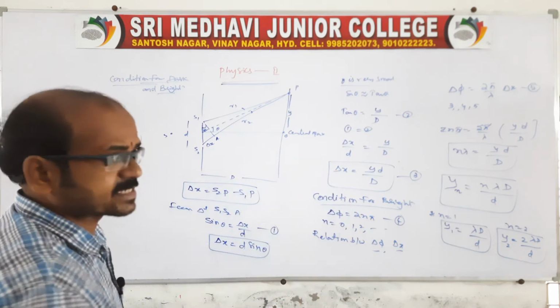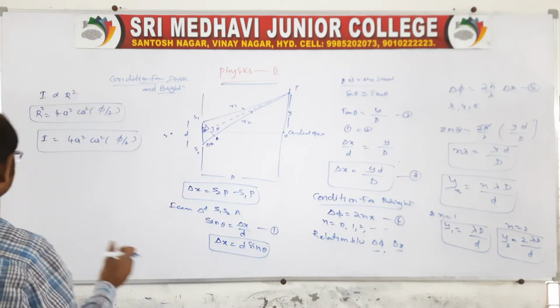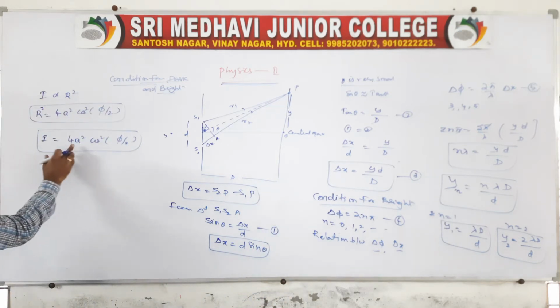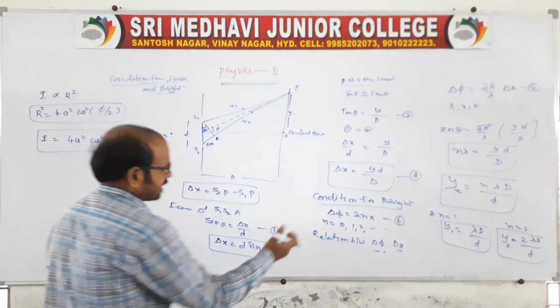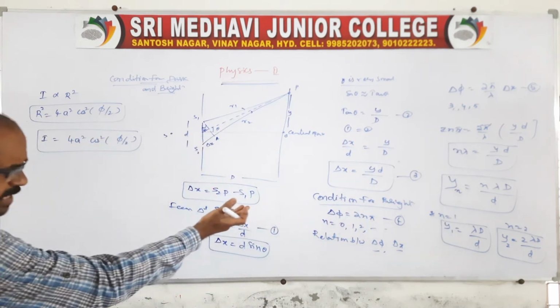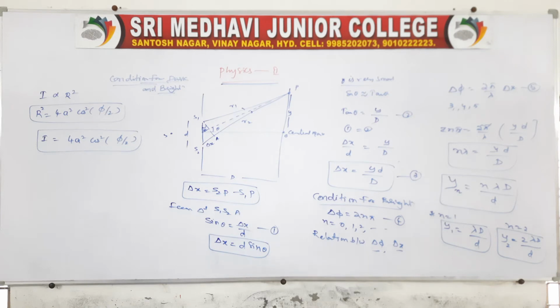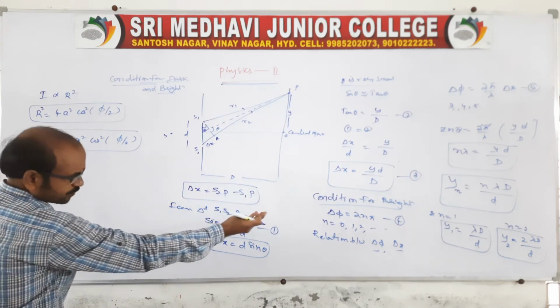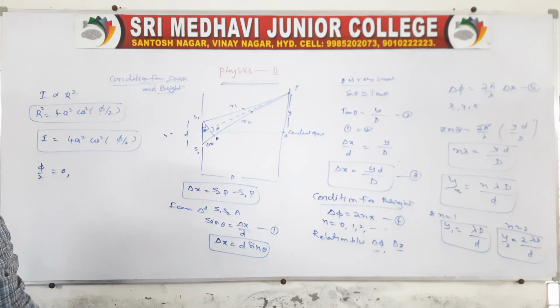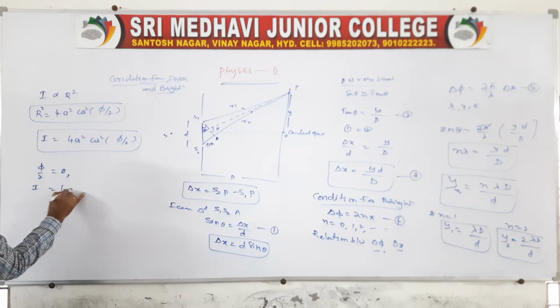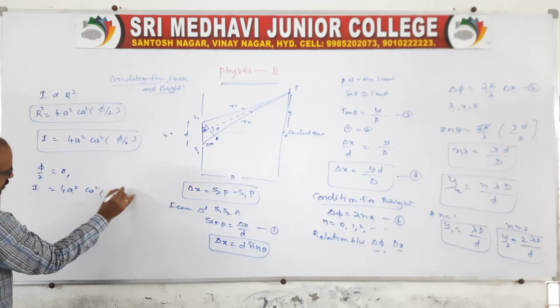Now what about the intensity? Of course, we have the intensity formula, I is equal to 4a square cos square delta pi by 2. For the first one, delta pi is 0, so the first bright intensity is cos square 0 by 2.